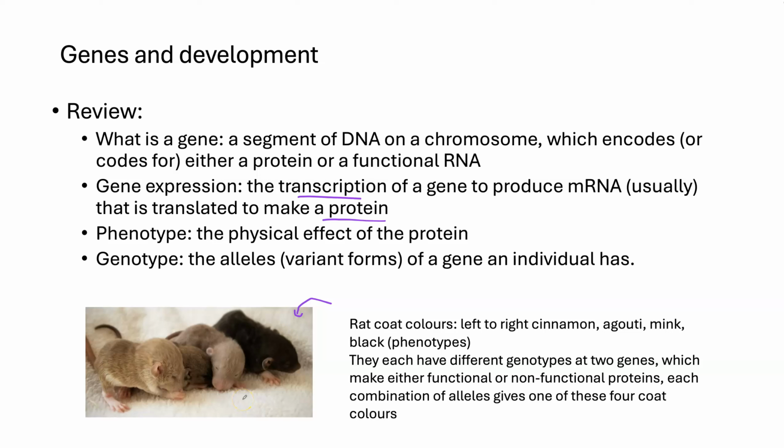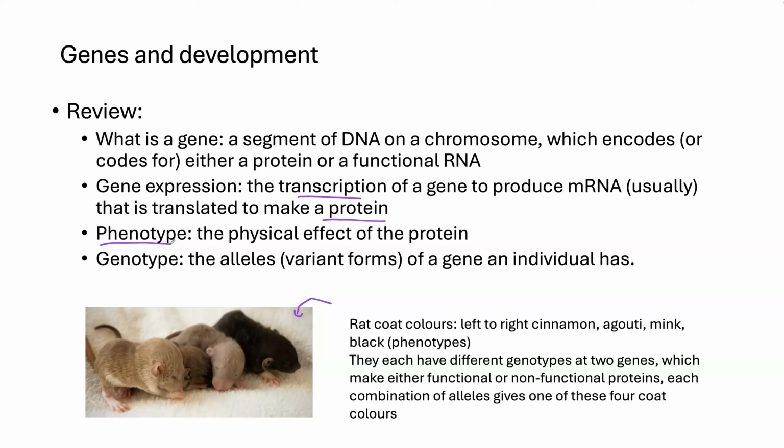We're going to go through a couple of examples of types of mutations, types of alleles in genes, and how we think of them as dominant versus recessive and so on, which we'll go through in the class. But the key thing is to understand that the phenotype is the physical appearance, the physical effect of the protein, which could be, a phenotype could be having hemophilia.